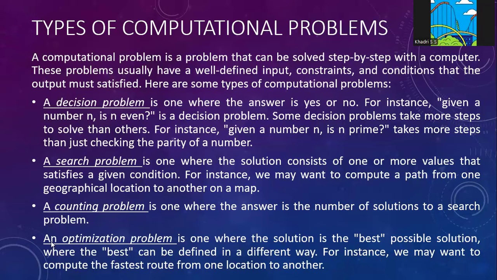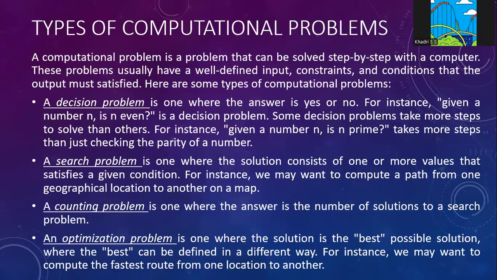Next, an optimization problem is one where the solution is the best possible solution, where the best can be defined in different ways. For instance, we may want to compute the fastest route from one location to another.